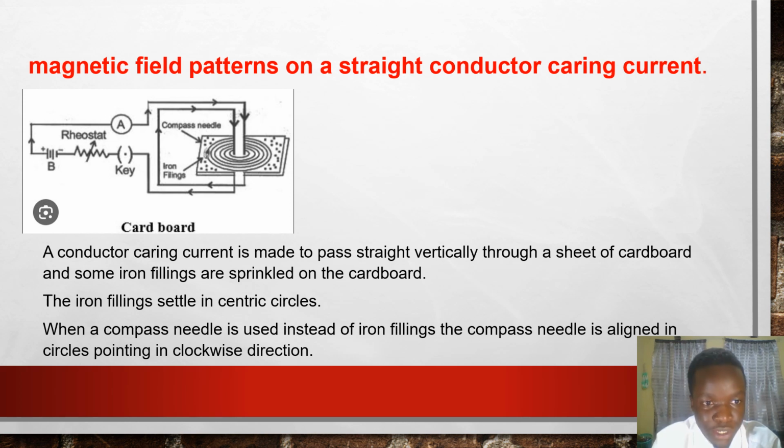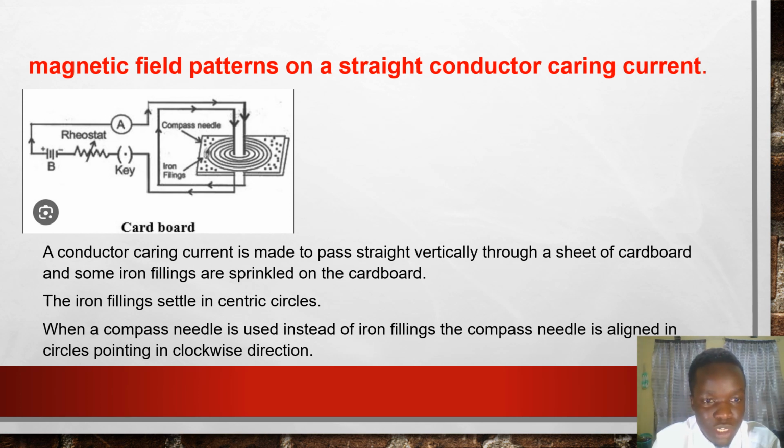Here we have an EMF source, which is a DC one, having a positive terminal and a negative terminal. Current is moving from the positive terminal to the negative terminal. Keep in mind that current and electrons move in opposite directions. In this scenario, electrons will be moving from the negative terminal to the positive terminal.